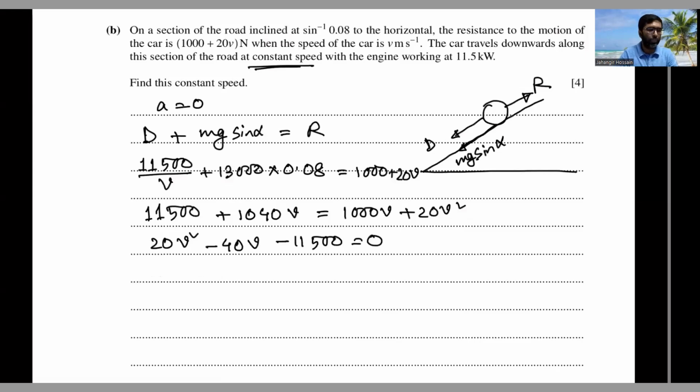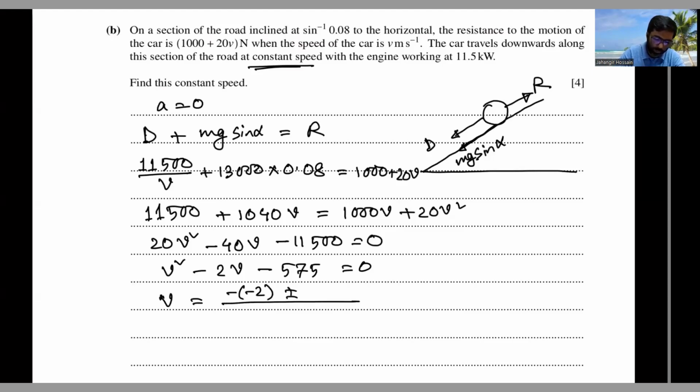If you want to simplify it, you can divide both sides by 20, all the numbers by 20. So we have v square minus 2v minus 575. So 27 and 25. You can do the factorization, or we can apply the formula.